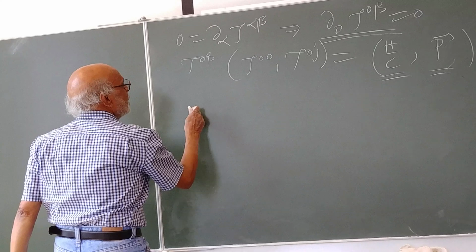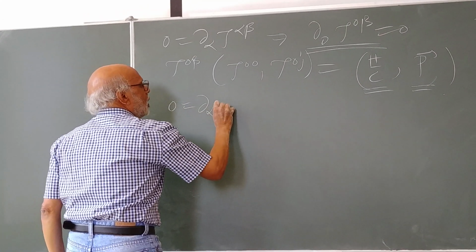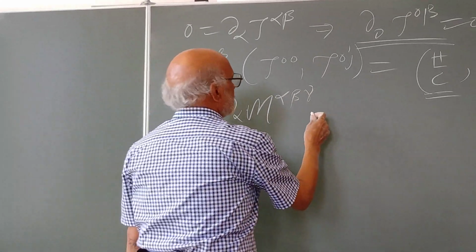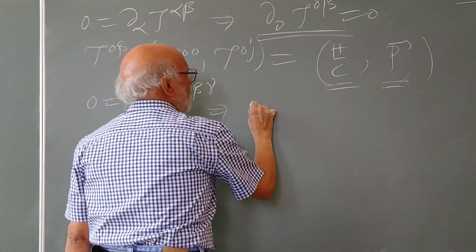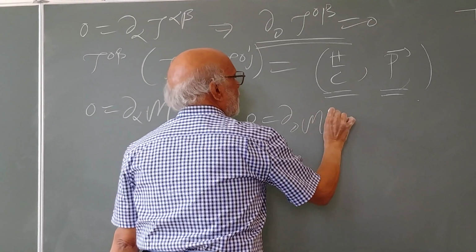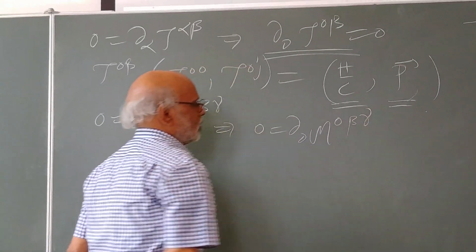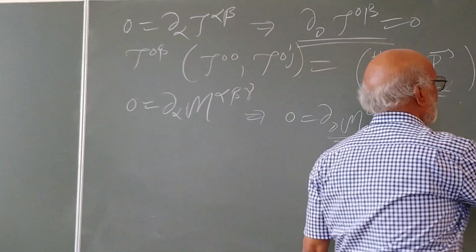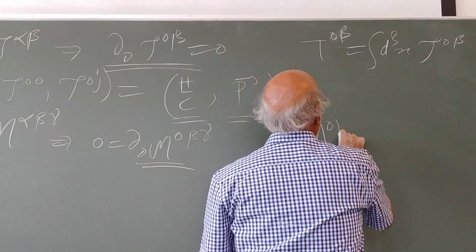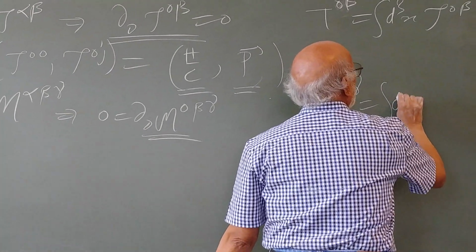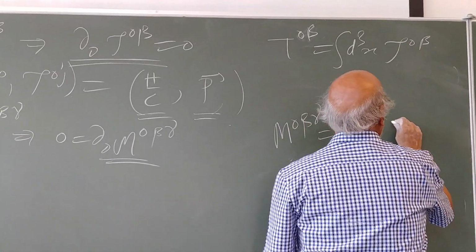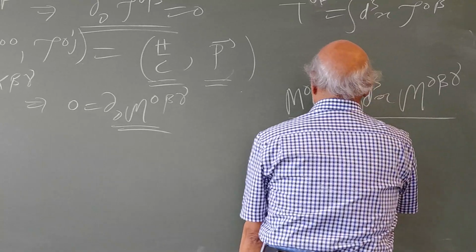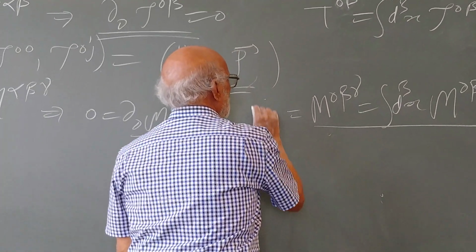And similarly, if you have beta gamma, so this leads to 0 beta gamma, and this guy I could call by a different name.